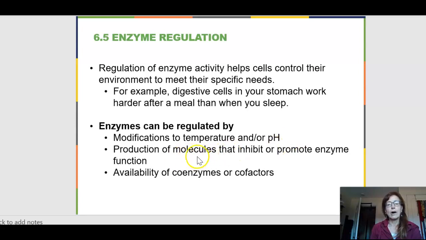How certain molecules are going to be produced that might inhibit or promote the enzymes' ability to work. And what's the role of things called coenzymes and cofactors. So all these things we've just mentioned, and now we're going to get into a little bit more detail.